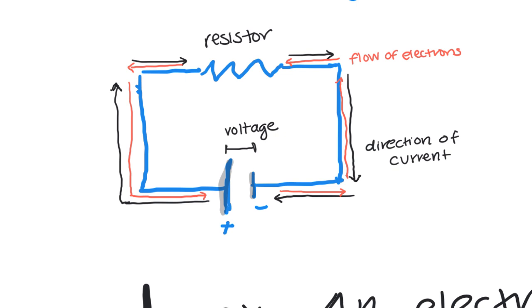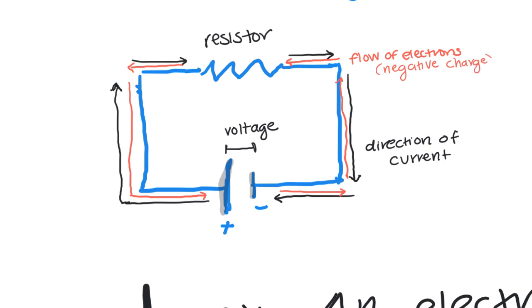Now, since we are labeling the direction of the current as a positive charge would move through the circuit, that is going to be the opposite direction of the flow of electrons. Remember, electrons are negatively charged. Just as a reminder, electrons have a negative charge.